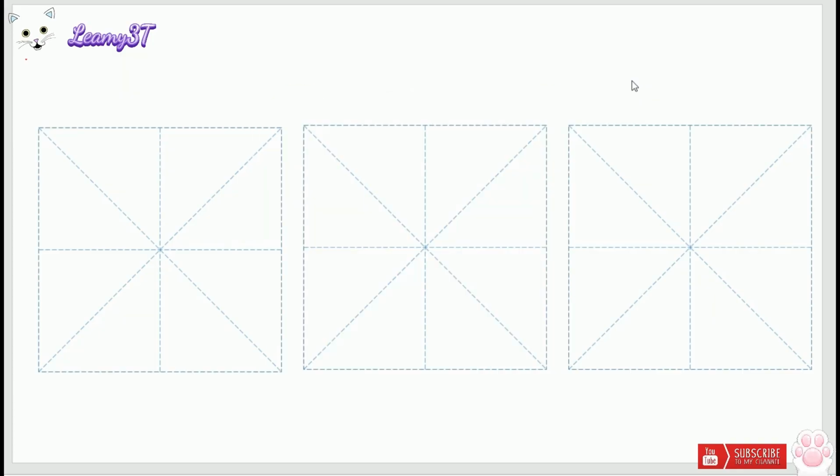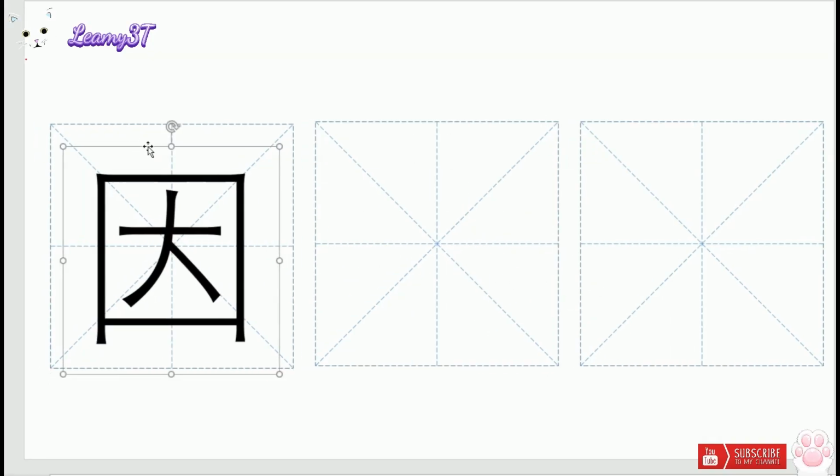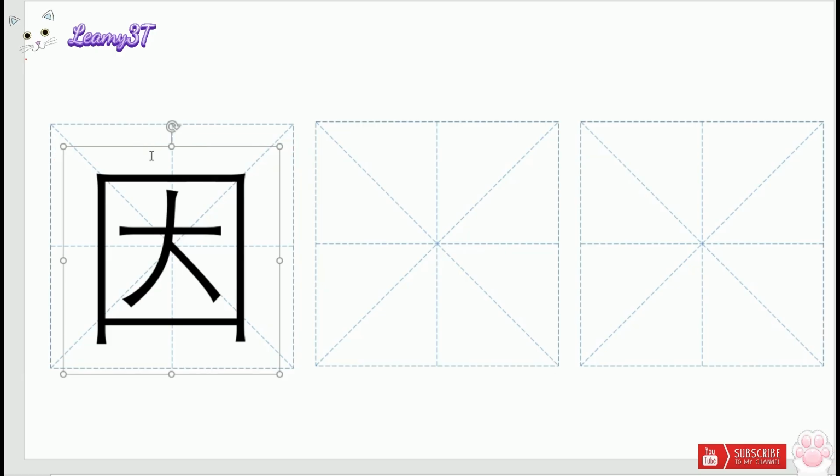Here's the reason. Chinese is called square characters because the shapes of Chinese characters are usually square. So here we can see an actual square Chinese character. Each character has a compact structure, generally forming a square or nearly square shape.